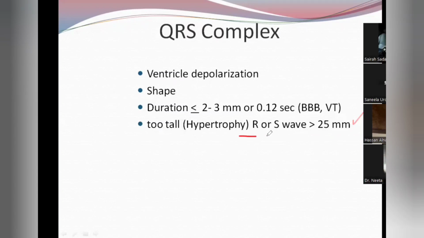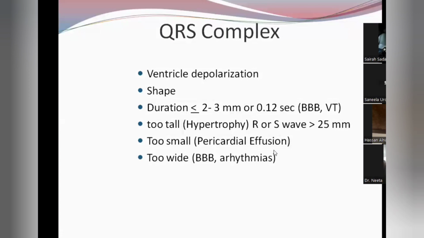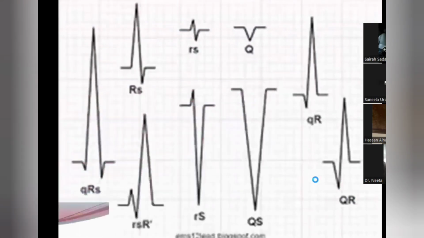You will say the QRS complex is too tall. Too small, it may be seen in pericardial effusion. It can be too wide in bundle branch blocks or arrhythmias. It can be too narrow in incomplete bundle branch block or WPW syndrome.